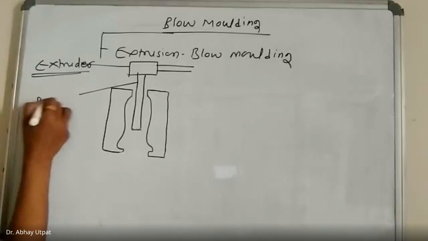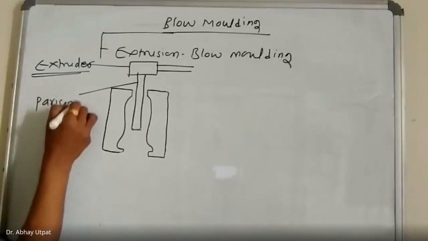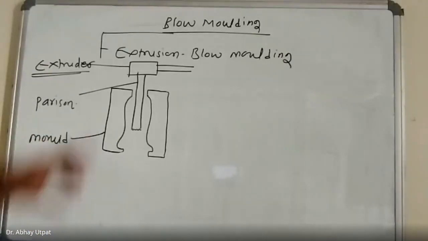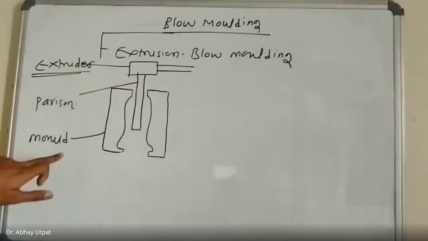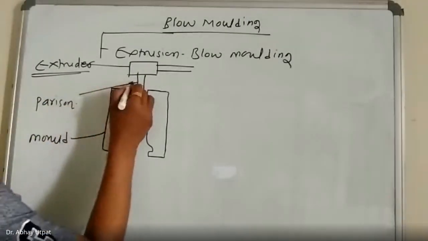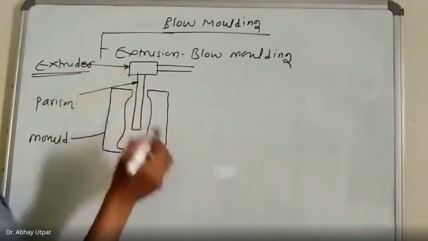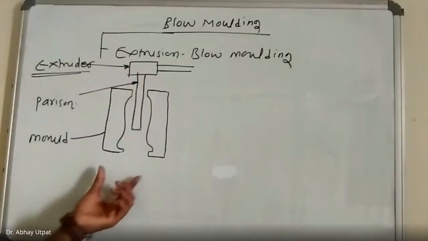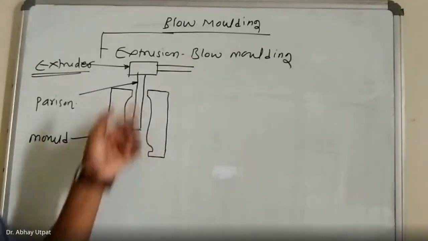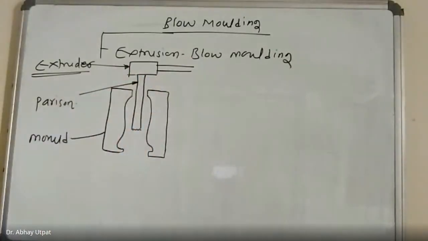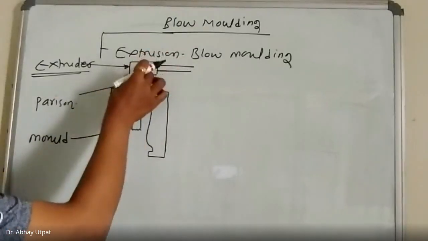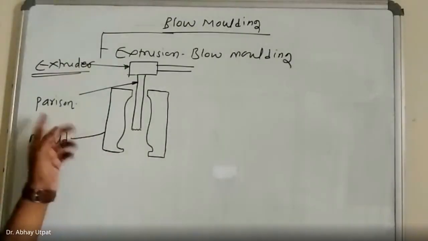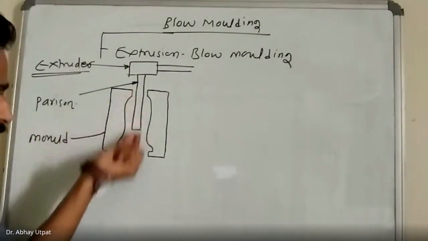This is parison. Mold. The die is earlier open, then through this extruder, the plastic material will come in the form of a pipe called preform or parison in between the dies.